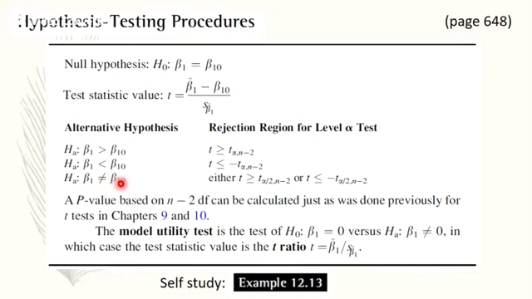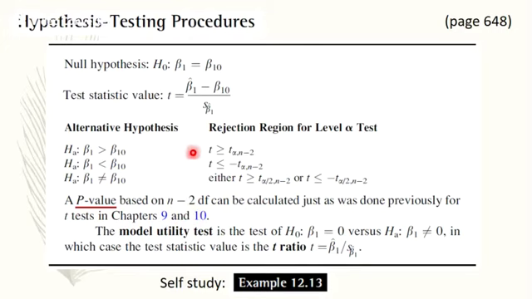In order to make a decision, you need your test statistic and a rejection region. This is your test statistic here, so you just need to calculate this value. Remember, we said it has a t-distribution with n minus 2 degrees of freedom, so you'll get your rejection region from your t-tables. In order to find a p-value, you're going to do it the exact same way as in chapters 9 and 10.